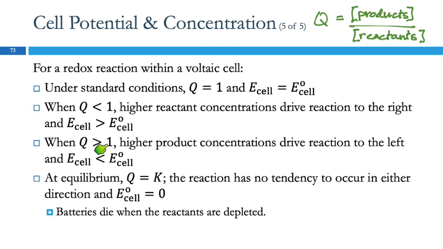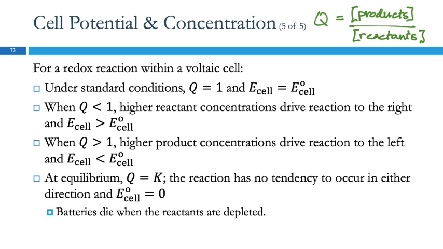If Q is greater than 1, that means we have larger product concentrations and lower reactant concentrations. And if we think back to an equilibrium, if you increase the products and decrease the reactants, what does the equilibrium do? It shifts back to the reactants. So with higher product concentrations, the reaction is going to be driven to the left, and the cell potential will be less than the standard cell potential.